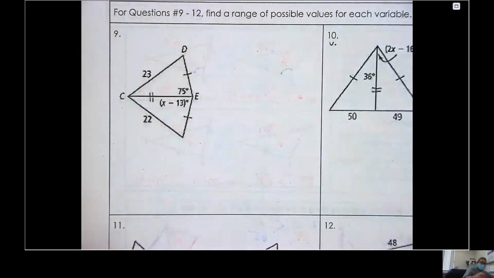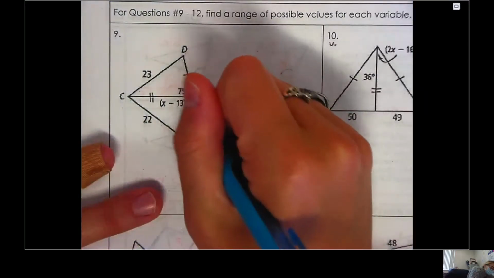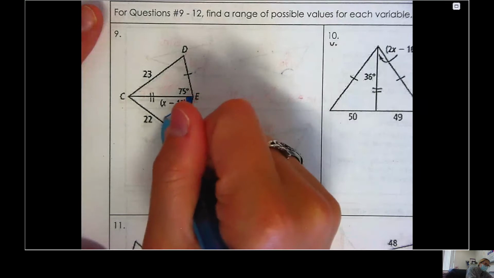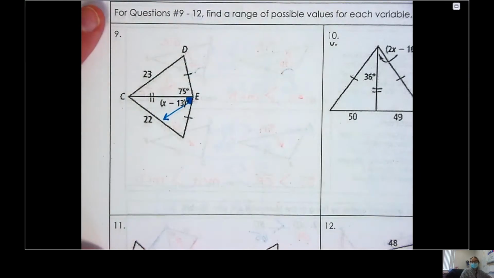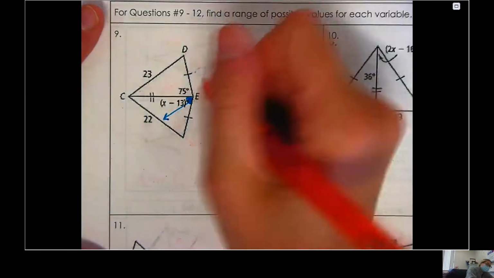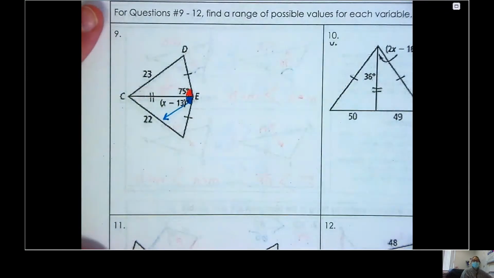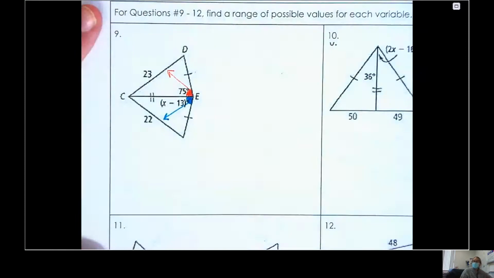So if you look at the x minus 13, this angle E right here, which side is across from it? 22. So if you go across from this angle, you get 22. If you go across from the 75, what's the length given to you? 23.